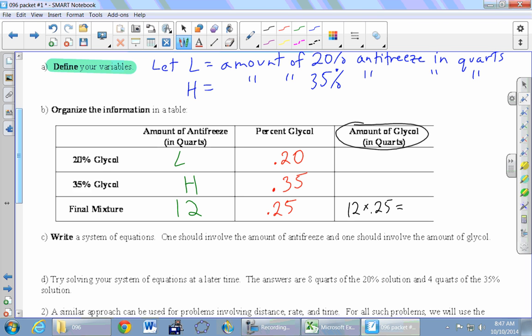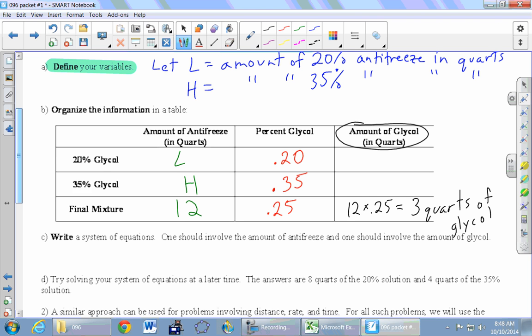No, if you prefer the fraction 1/4, then you can totally use a fourth instead of the 0.25. I'm going to write something that is kind of redundant, but just highlighting that 3, it's not a percentage, it's an amount. It's the number of quarts of glycol that are in that 12-quart jar, okay?